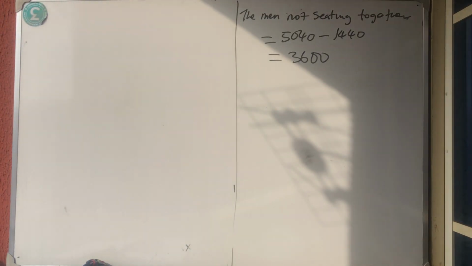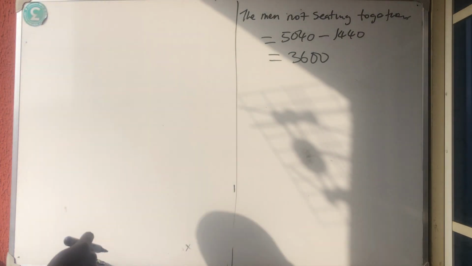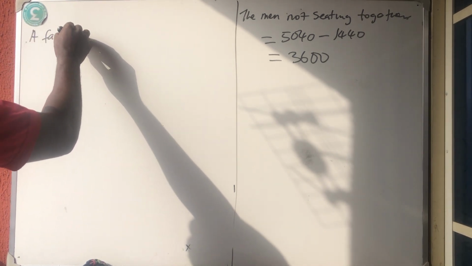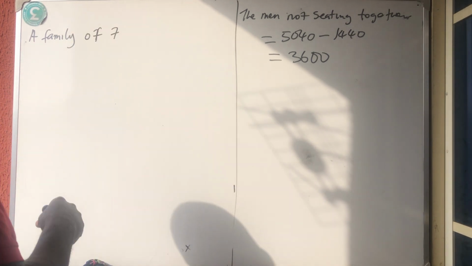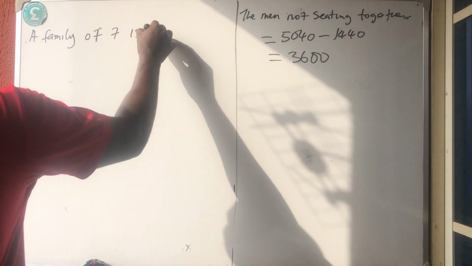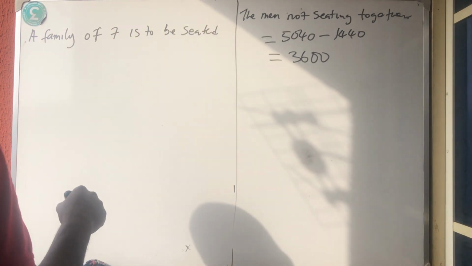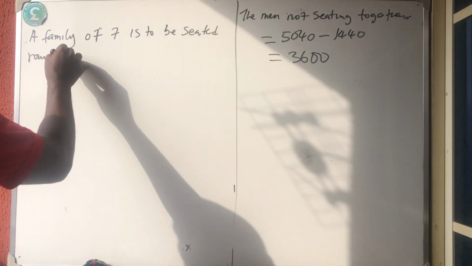Let me check my time. Okay, let's take another question. The next question we're going to look at is: a family of 7 is to be seated round a table.